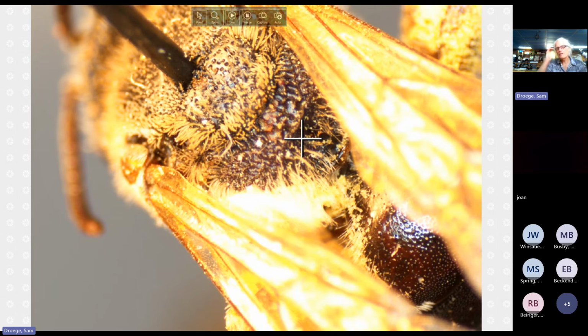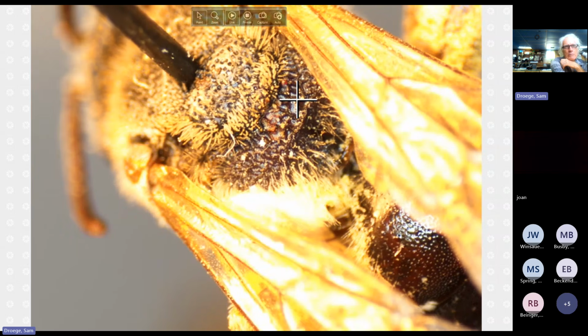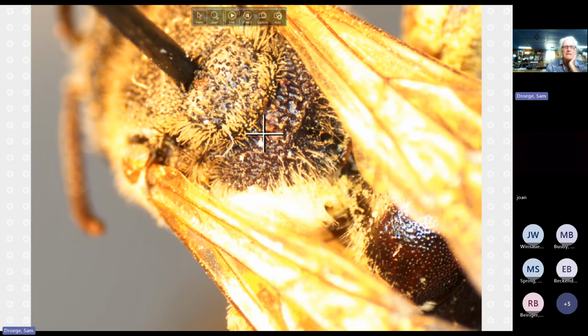This section here would be, I believe, almost certainly the vertical face that's facing the abdomen. And we just went out of focus. But now, if we look at the raised carina and the cell structure within here, you can see that basically this is just like a big netting, right?